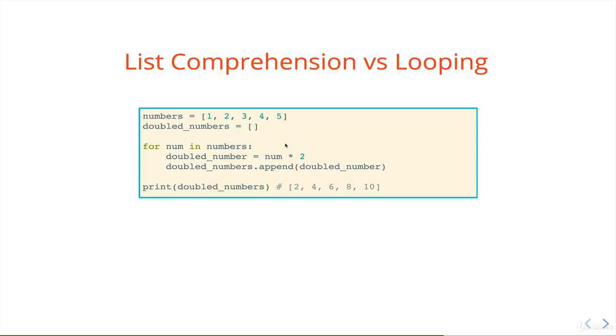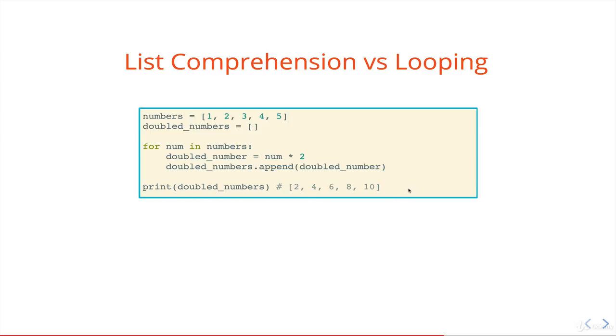If we wanted to make a new list where we take a numbers list, and this new list has every number from the numbers list but doubled, we could loop through numbers, and for each num in there, we're going to double it, and then append it to the doubled numbers list. So one at a time, we multiply by 2 and add it into this list. Multiply 2 by 2, we add 4 to the list. 3 by 2, we add 6 to the list. And we end up with this.